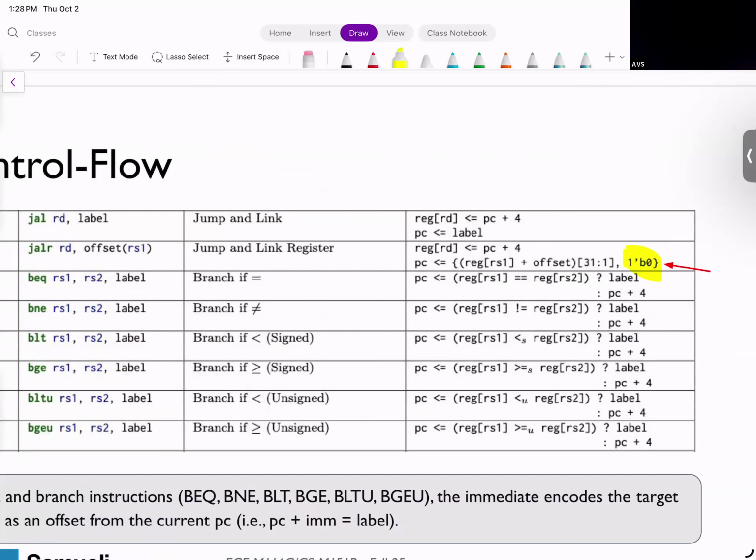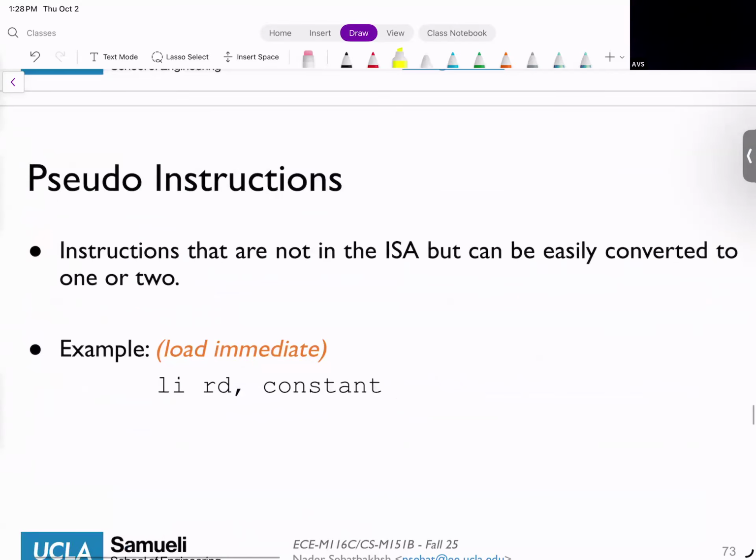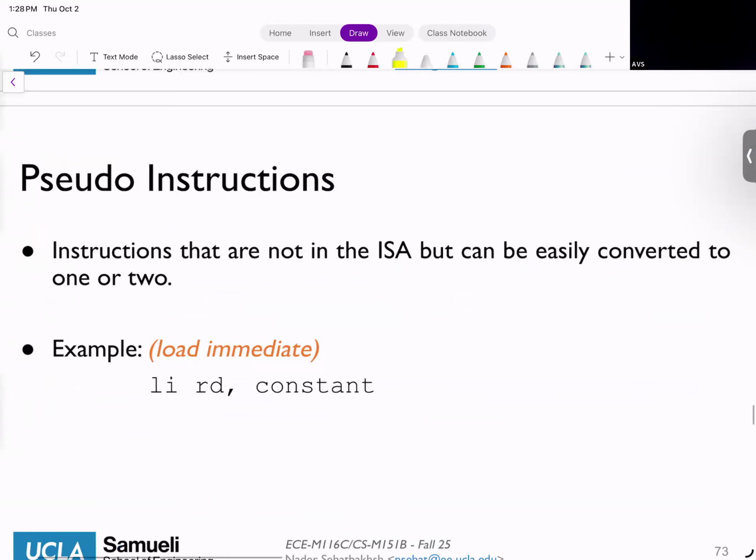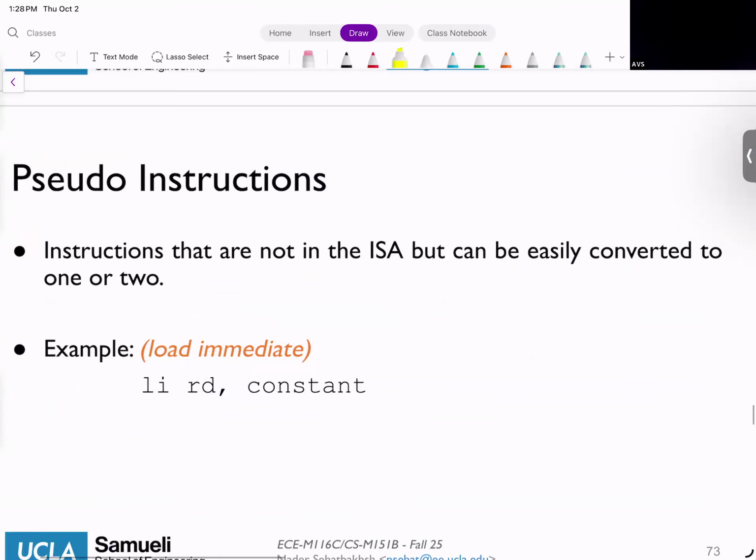Okay? All right, and now we are coming back to the pseudo instructions, which we kind of talked about. Pseudo instructions are instructions that are not available in hardware; hardware does not understand pseudo instructions.